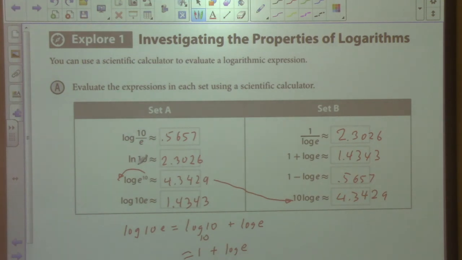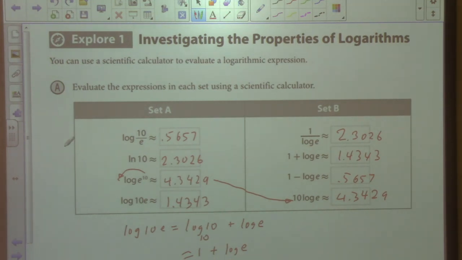Let's see what this one is, this 2 point... Yeah, 1 over log e. Yeah, ln is the log base... I'm trying to think of how they got that.